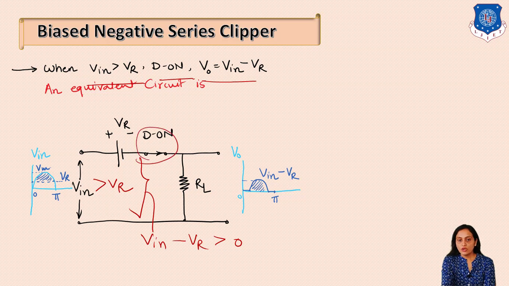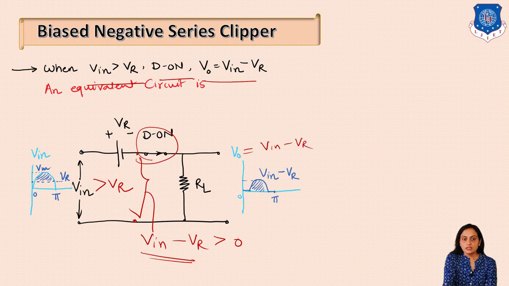When the diode is on, this voltage is Vin minus Vr, so the output voltage is Vin minus Vr. And you can see that till this reference level Vr the diode was off, and after this reference voltage level the diode turned on and we are getting the output.